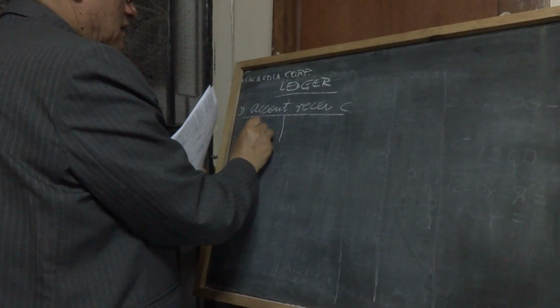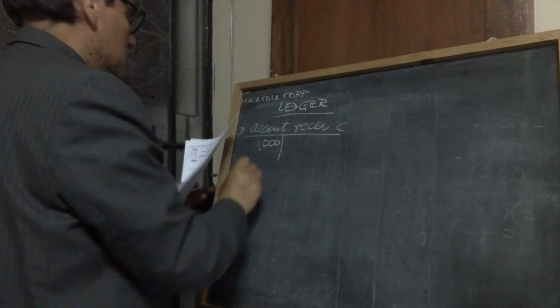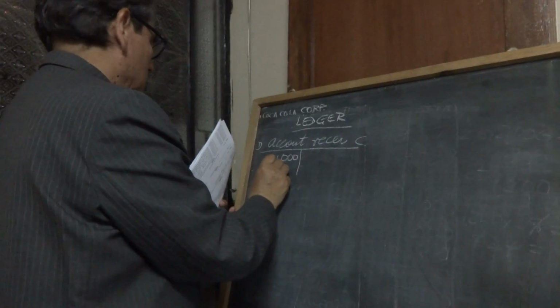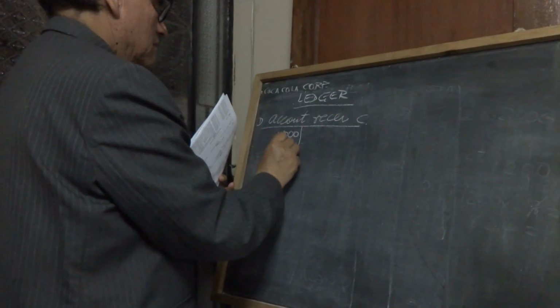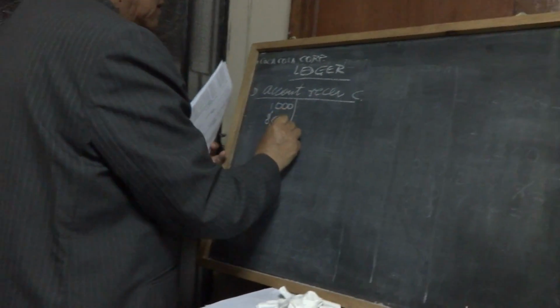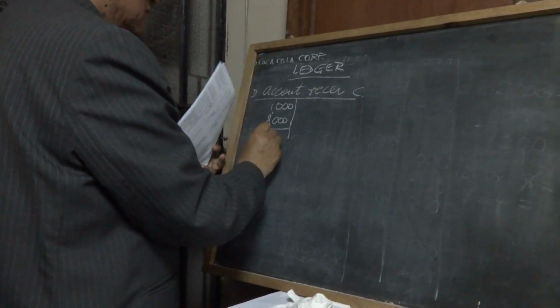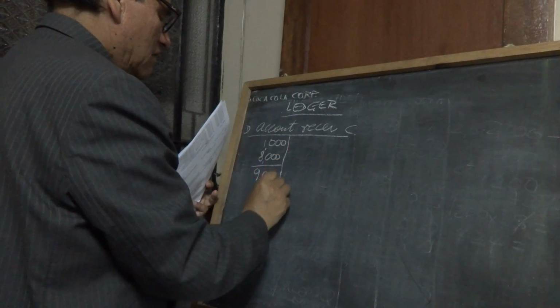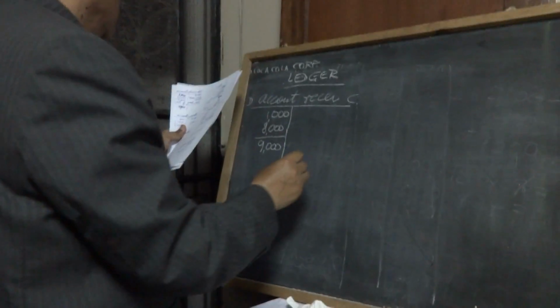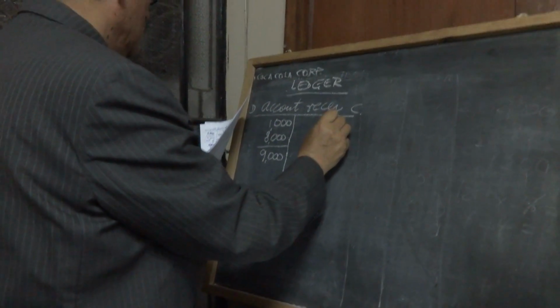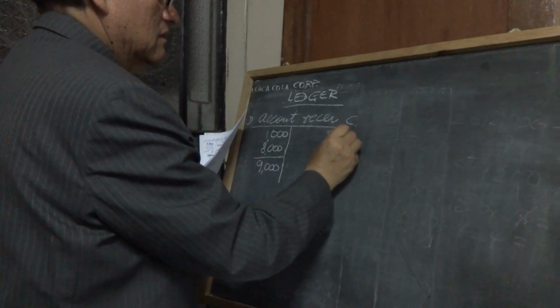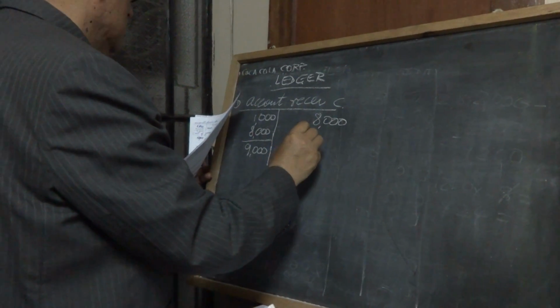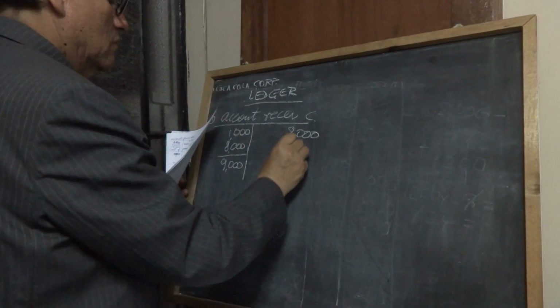We have $1,000 plus $8,000, we have $9,000 on debit. On credit, $8,000 more.